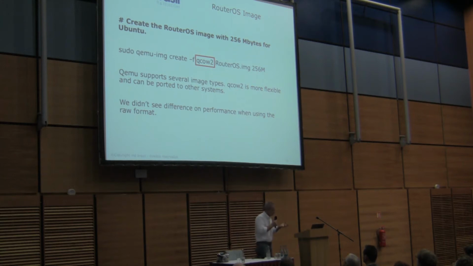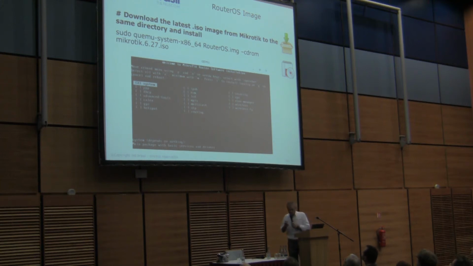You define, for example, this size of file, but it will use only the space needed. The image grows as necessary. You can also use the raw format. We did some tests and we didn't notice any difference in performance, though of course space is different. Then you can install using this command here.